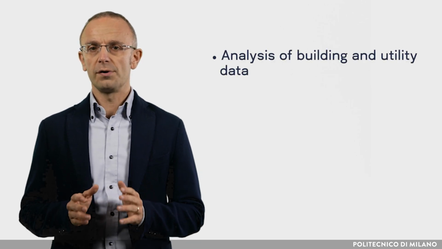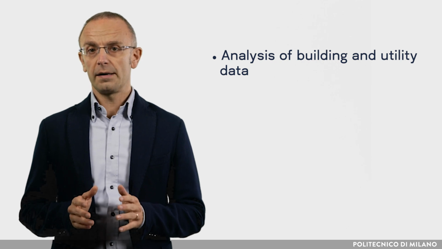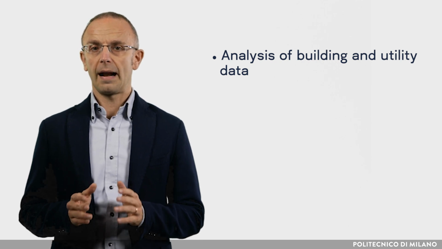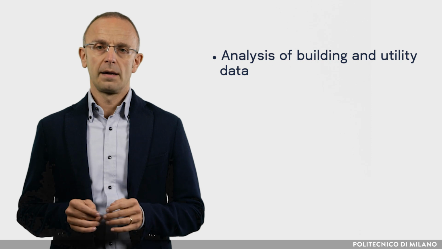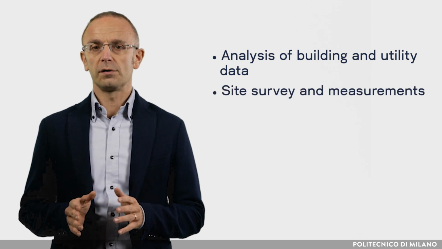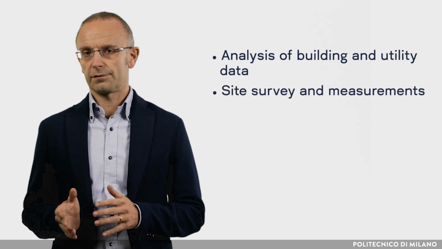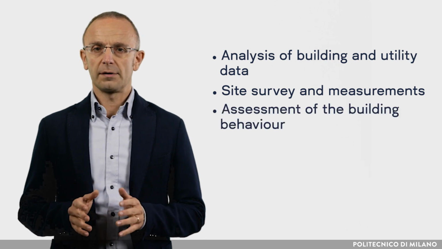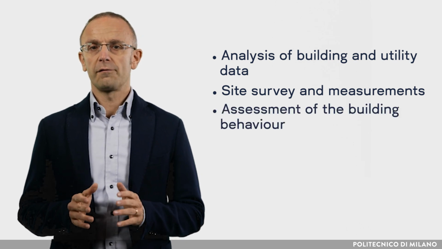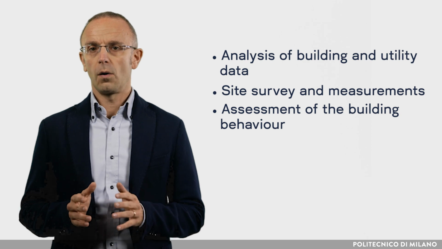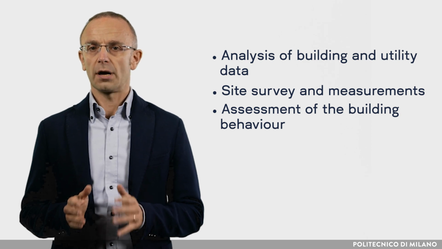The main activities of an audit process can be identified as follows. The analysis of building energy utility data, including study of the installed equipment and analysis of energy bills. The site survey, including specific measurements if necessary. The assessment of the building behavior and of the interactions with the weather, occupancy, and operating schedules.